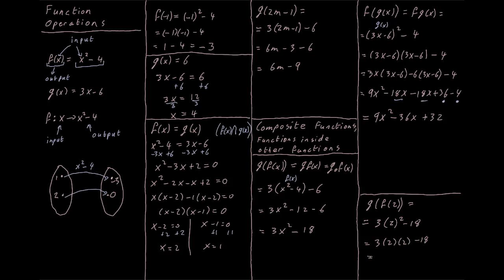So you end up with 12 minus 18, so you end up with minus 6. So those are some operations or some things that we can do with functions, and that is what we need for now.